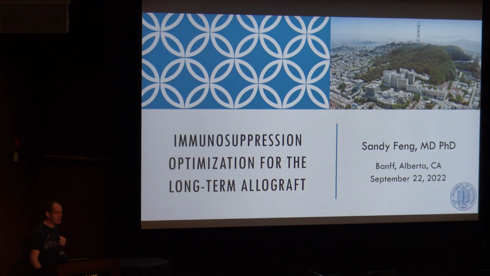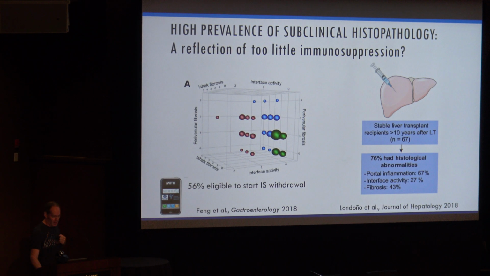Sandy, as always, exploded onto the scene and really gave us a broader, high-level view of we have problems. We have alloimmunity that is incremental in these long-term survivors and is producing long-term fibrosis and scarring and nodularity that is very significant morphologically, but in the day-to-day activity of this process is very tiny.